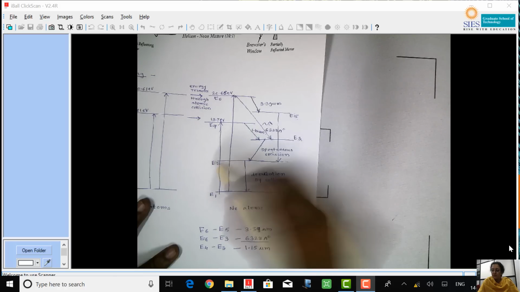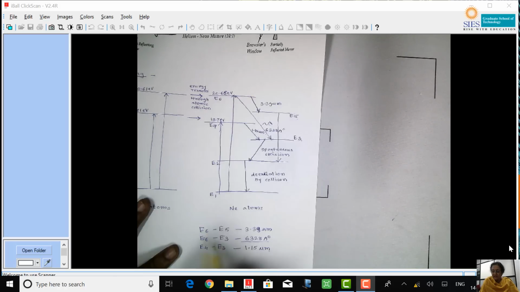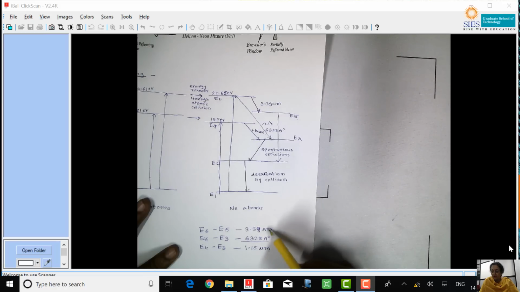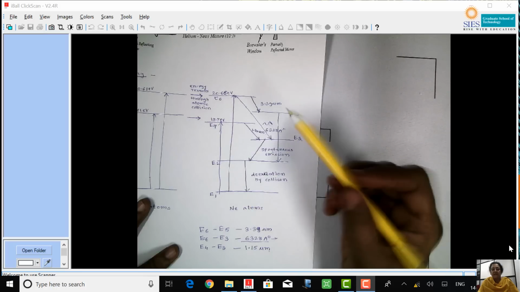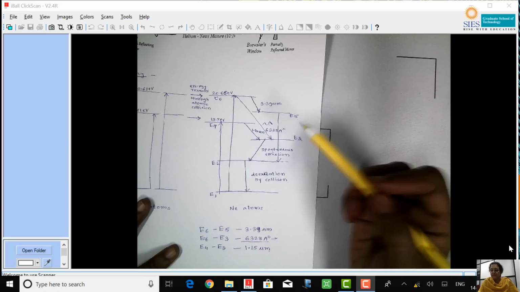So E1, E2, E3 and E6 are the energy levels involved in this light generation, red light generation. Like that, there are four energy levels involved here also, and four energy levels involved here also. So this is how this laser emits continuous light.